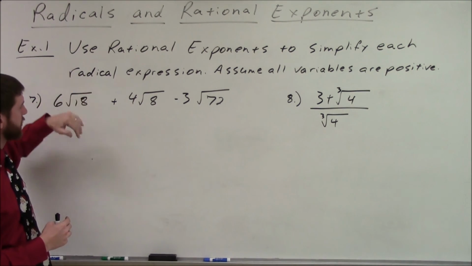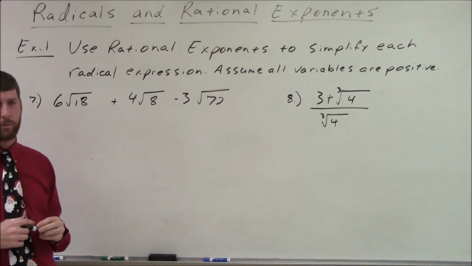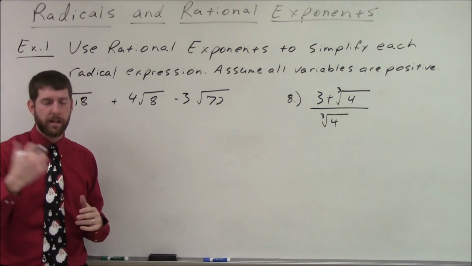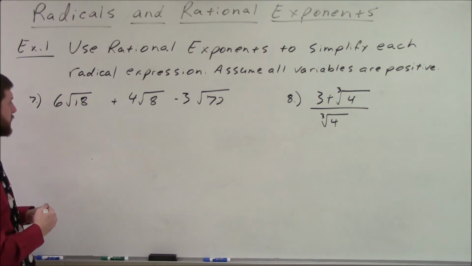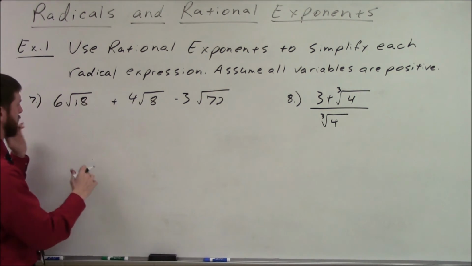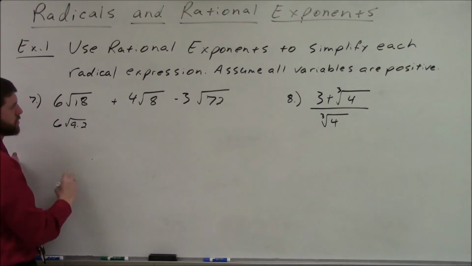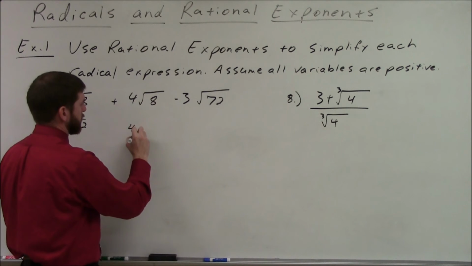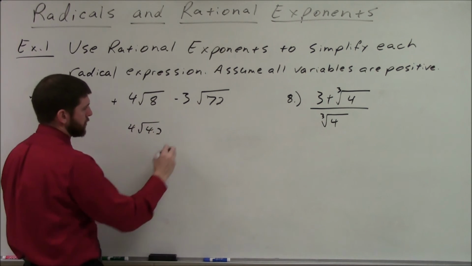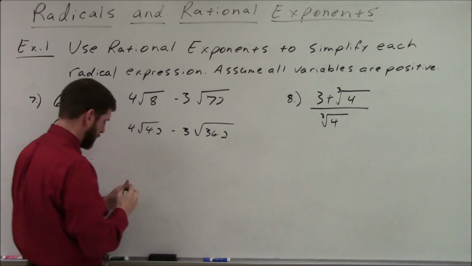So before we can do any adding or subtracting, we've got to simplify each radical down and figure out what exactly it is we're adding, or subtracting, or counting. So we just go through and simplify the radicals like we've been doing. These are square roots, so they're pretty straightforward. 18 is 9 times 2. 8 is 4 times 2, and 72 is 36 times 2.